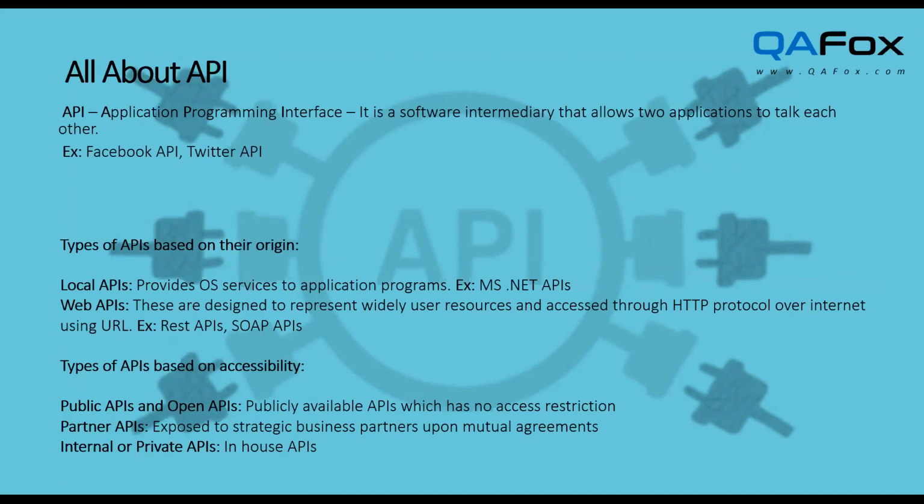Whoever is familiar with .NET can understand this well, but instead we can see some other example. The definition of local APIs says that they provide OS services to the application programs. Let's consider a desktop application. Here we can take the command line interface.